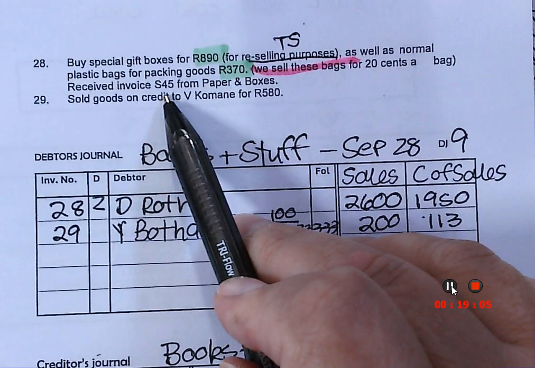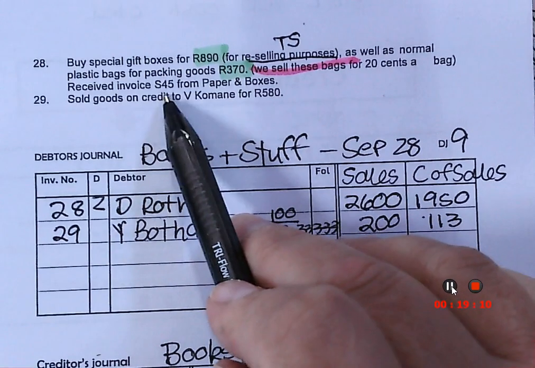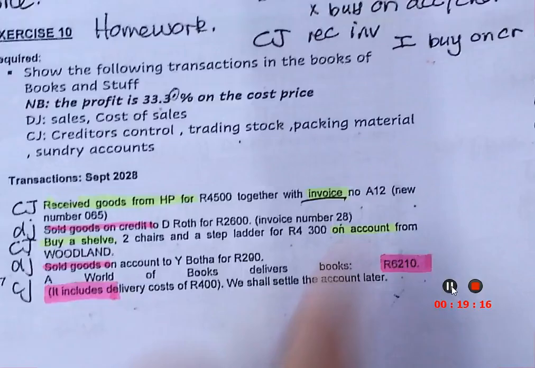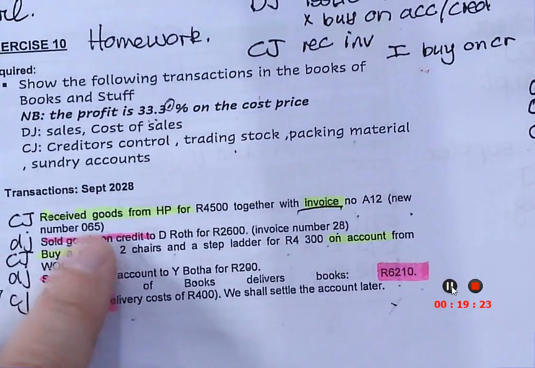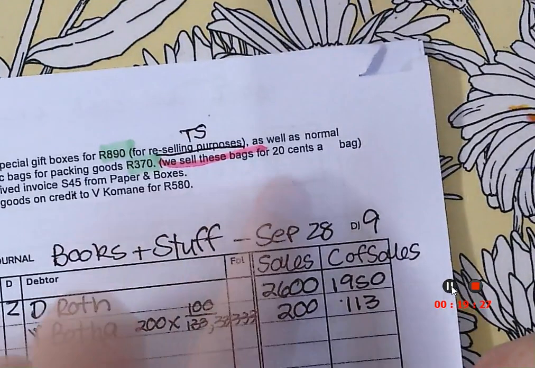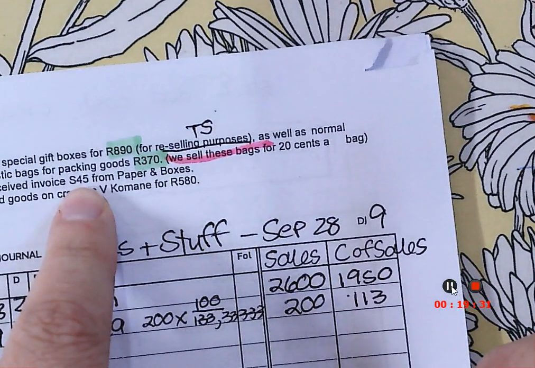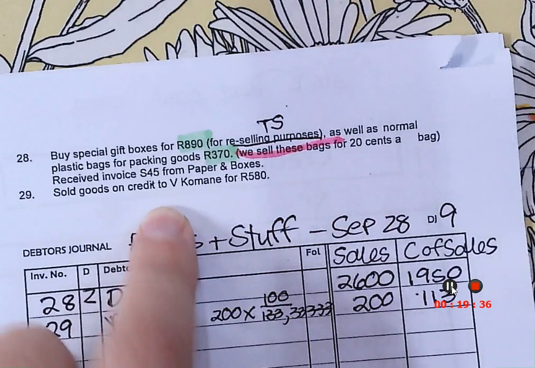Can you see they say here S45 and here the invoice was 812? The invoices are all around the place and IMOS renumbered it. So I'm not going to use that invoice S45. And then the next is the normal sales. So quickly do it. Let's mark.